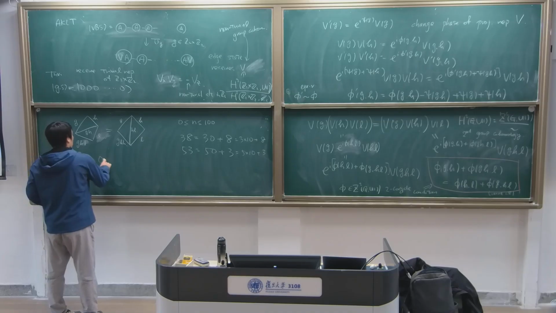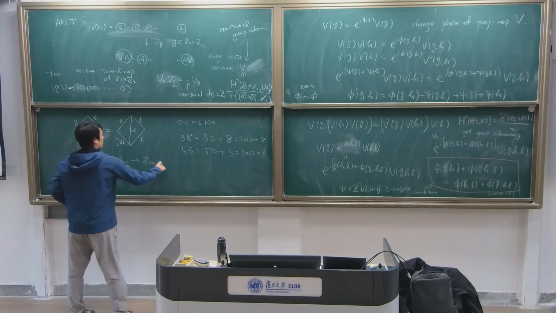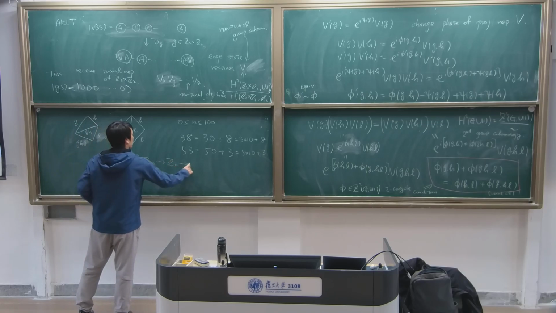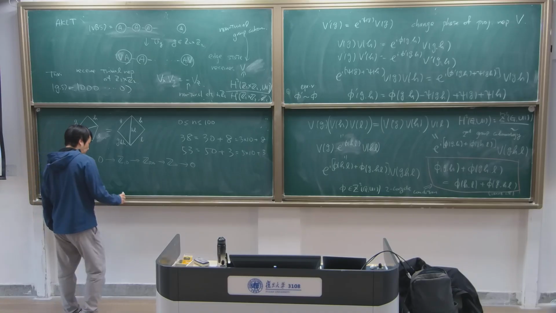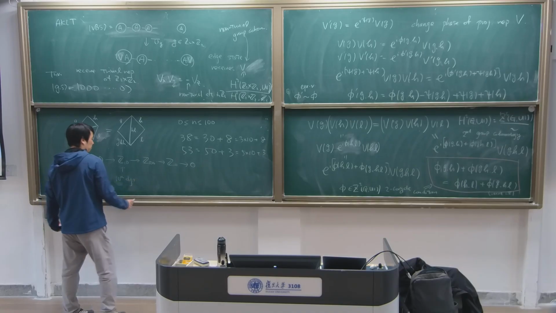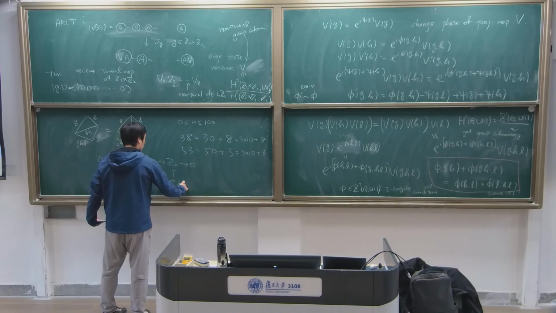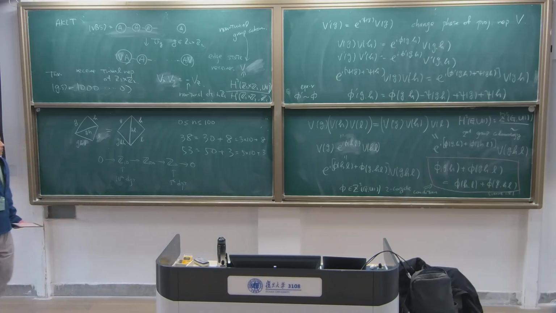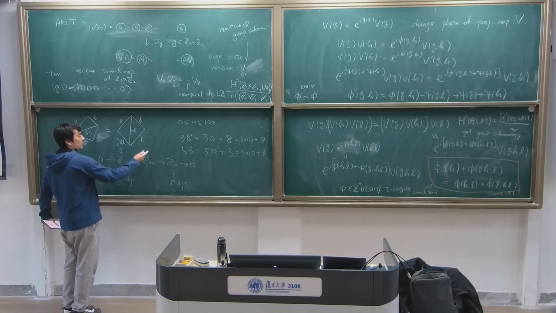So if you consider the so-called short exact sequence, this is the 10-state relation. This is the first stage. So therefore, 38 is actually 3 times 10.